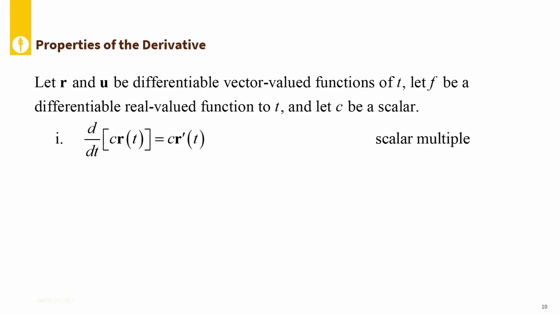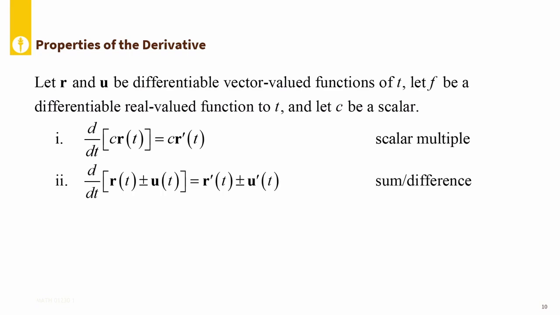Then you have your sum and difference rule, which is again the same. Take the derivative of a sum or difference of vectors. It's just the sum or difference of the derivatives of the vectors. Oh. How many types of products do we have for vectors? Two.